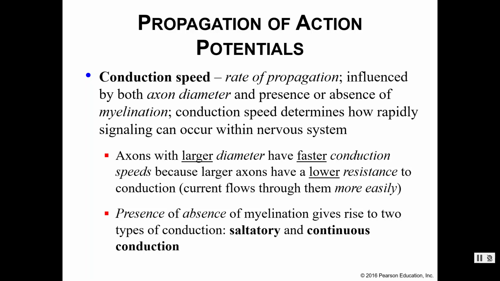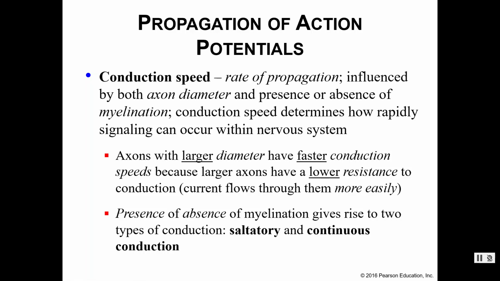The larger the diameter of an axon, the faster it can conduct action potentials, because the larger the axon, the lower the resistance to the conduction. Resistance is kind of what it sounds like: you are trying to resist a change, but the larger your axon, the lower the resistance, so the easier it is to conduct those action potentials.